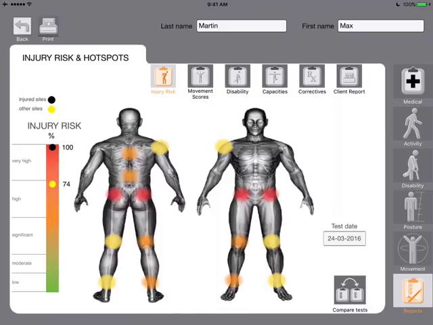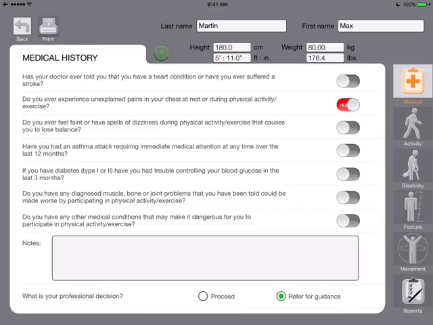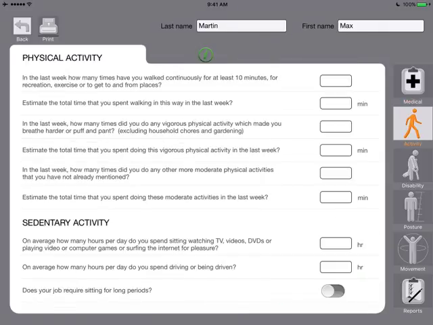On the left-hand side, you see the injury risk score that the client has received. This is based on a number of different inputs, including the BMI that's calculated at the top of the medical screen, where we take the height and the weight or mass. Then there are the physical activity levels.